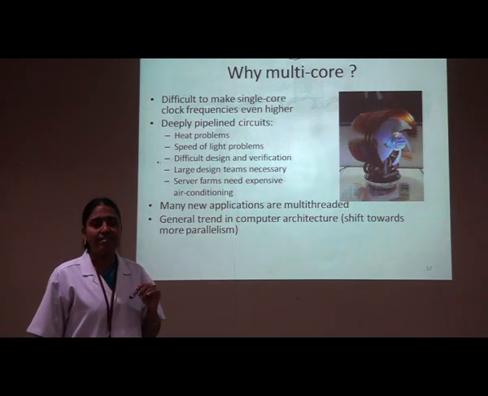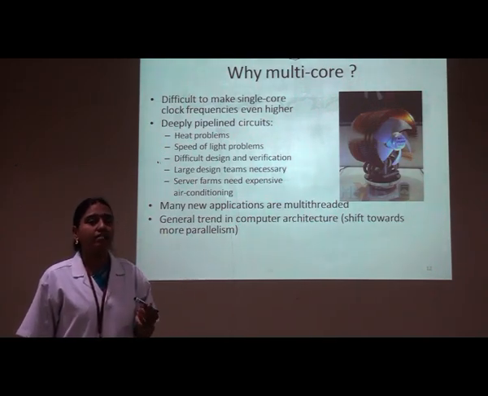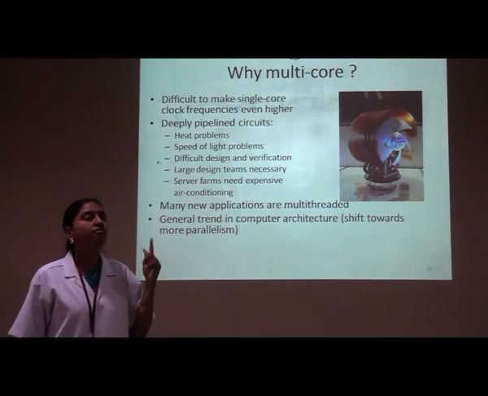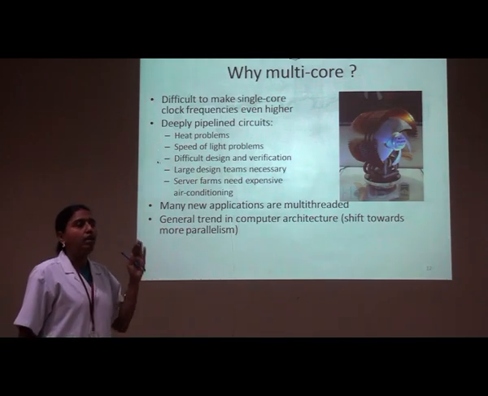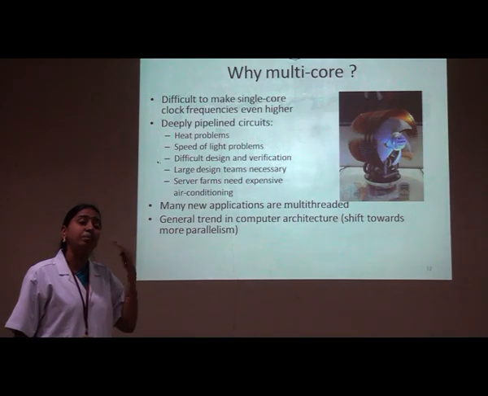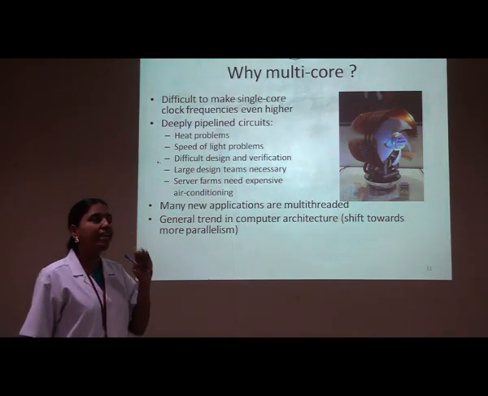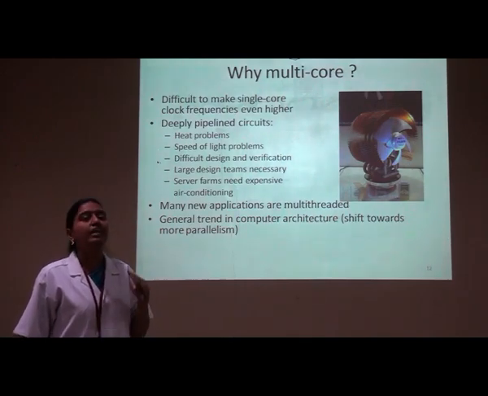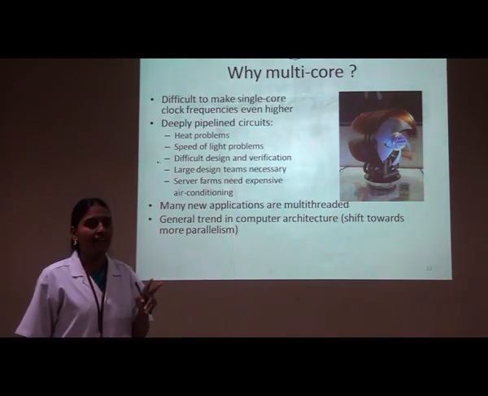If we increase the clock cycles to a maximum, two drawbacks will come into existence. What are they? One is heat dissipation. When we increase the clock cycles, we can achieve the speed, but heat dissipation will be more and efficiency will decrease.